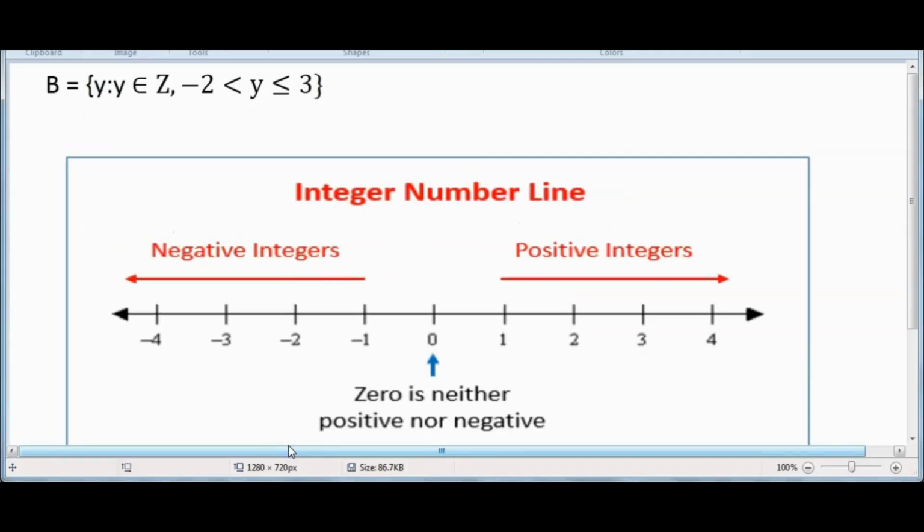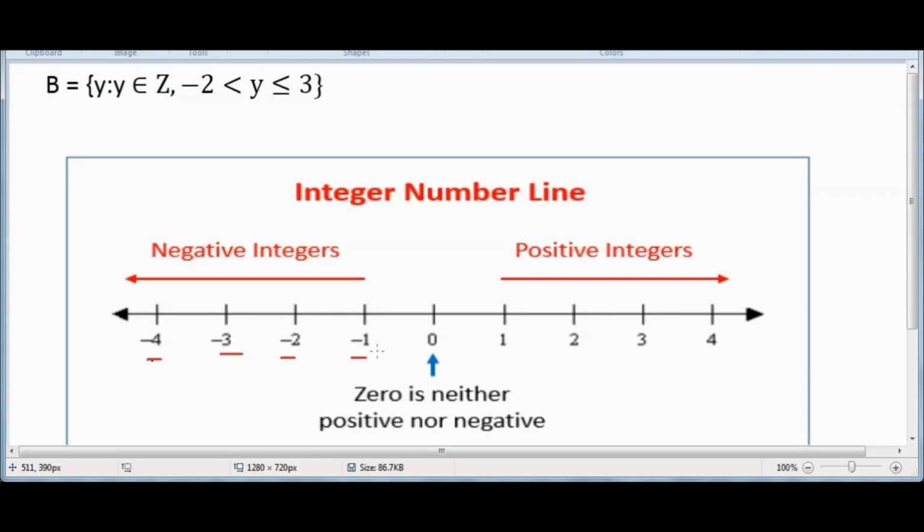The counting starts from left to right: -4, -3, -2, -1, then 0.